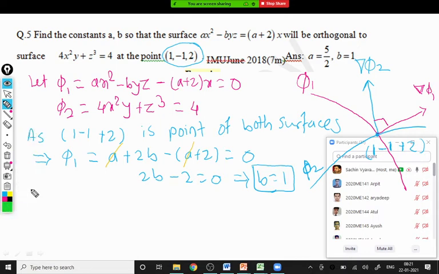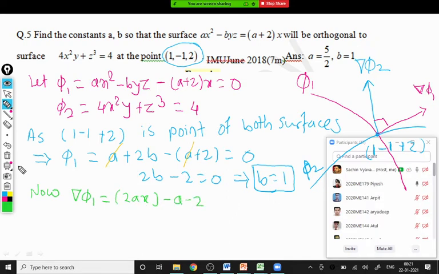We will start here. Del phi 1 equal to, yes, anyone tell me what is del phi 1 vector in general? 2ax, very good. 2ax minus a plus 2, or minus a minus 2, I will write it.